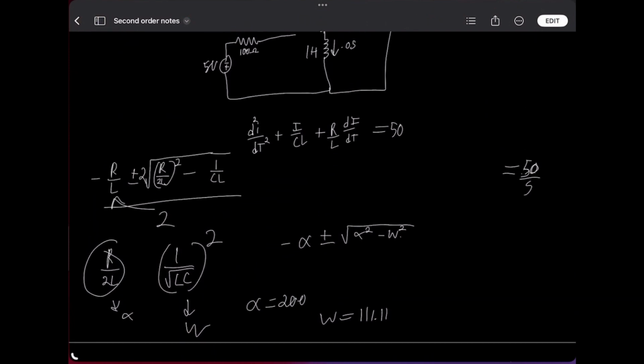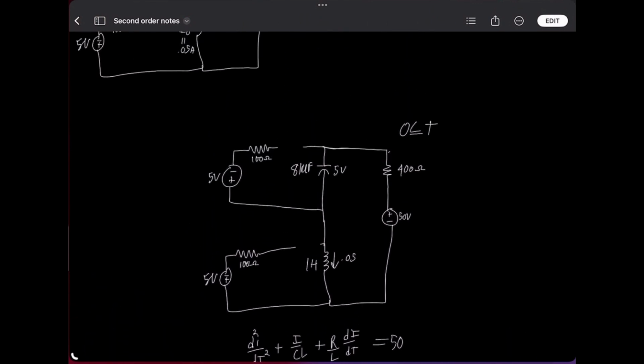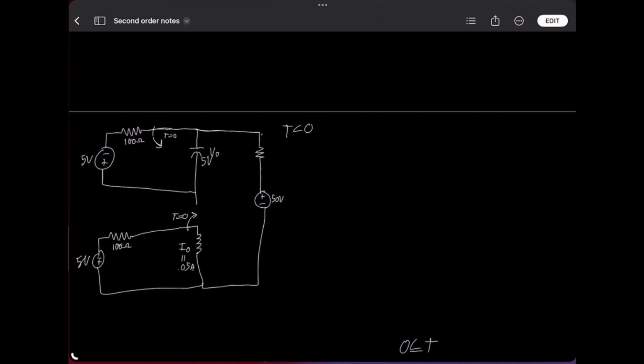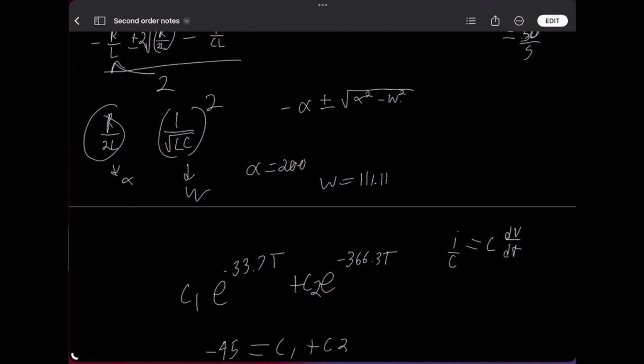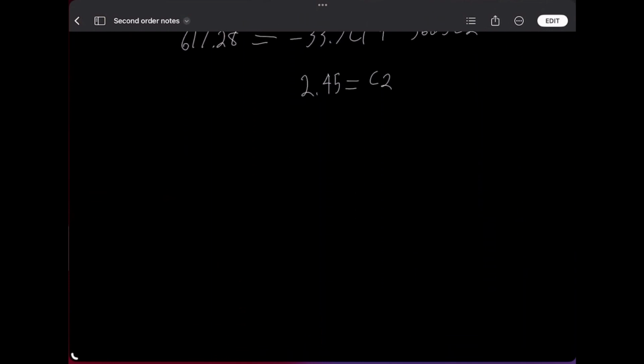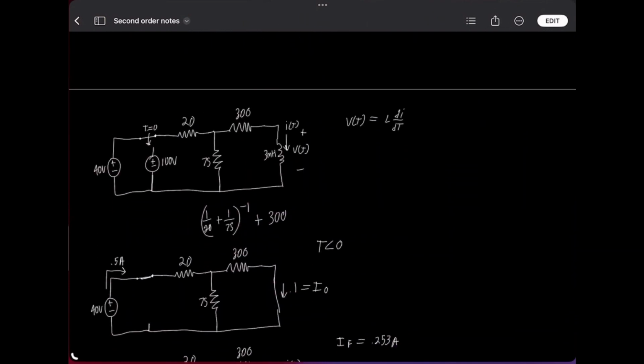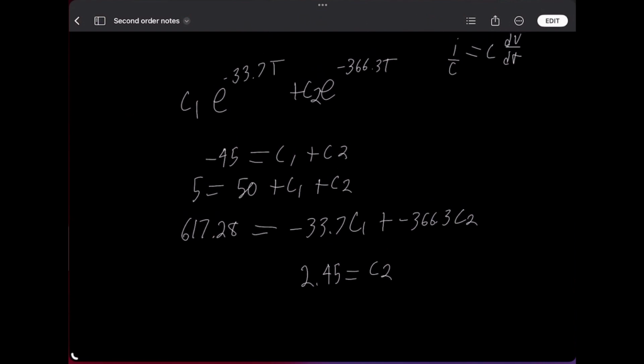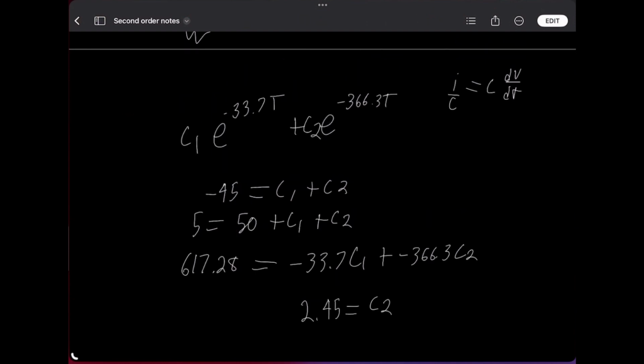You set it equal to negative 45, and you get that from the initial condition.